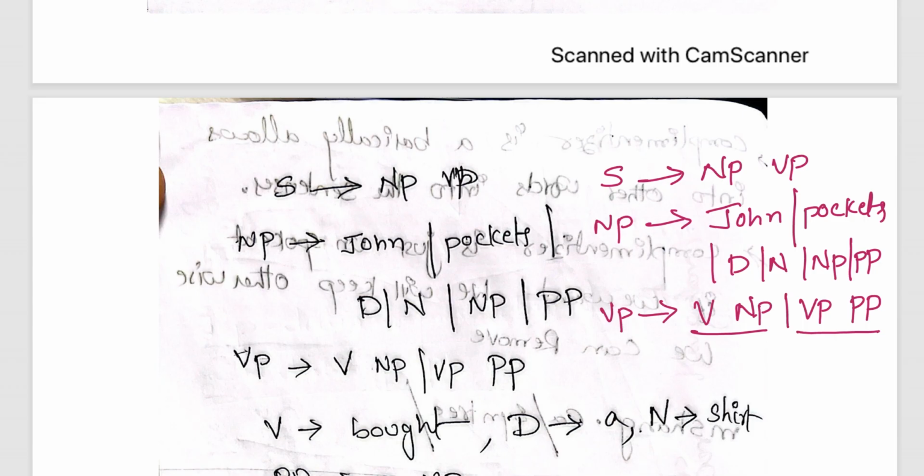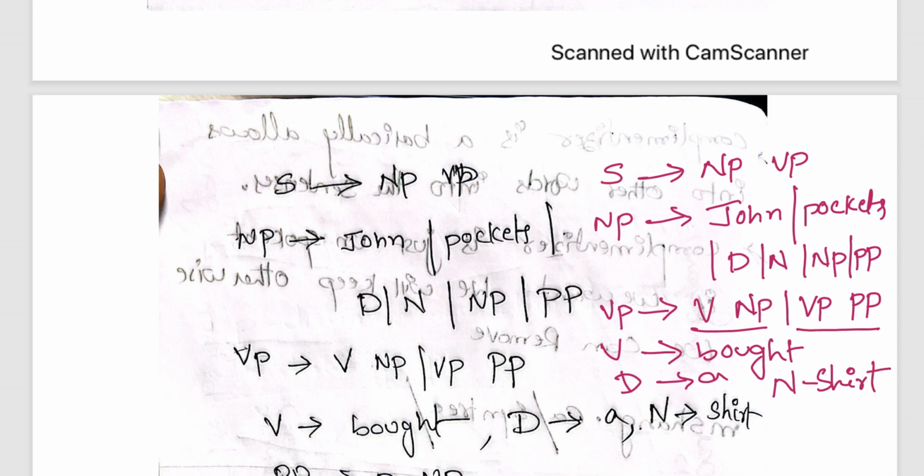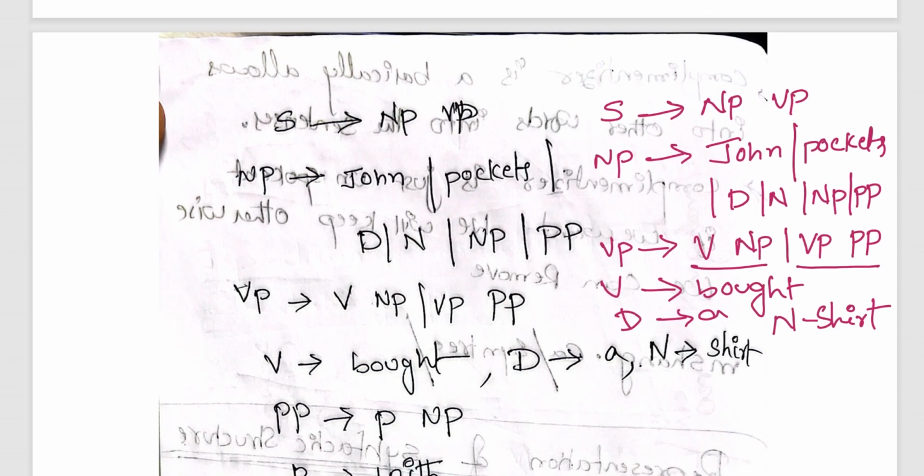Then we need to write a grammar for the verb and also the preposition phrase. For the verb in the given sentence, we use bought. The determinant is a, and the noun is shirt. Only the preposition phrase is left over.